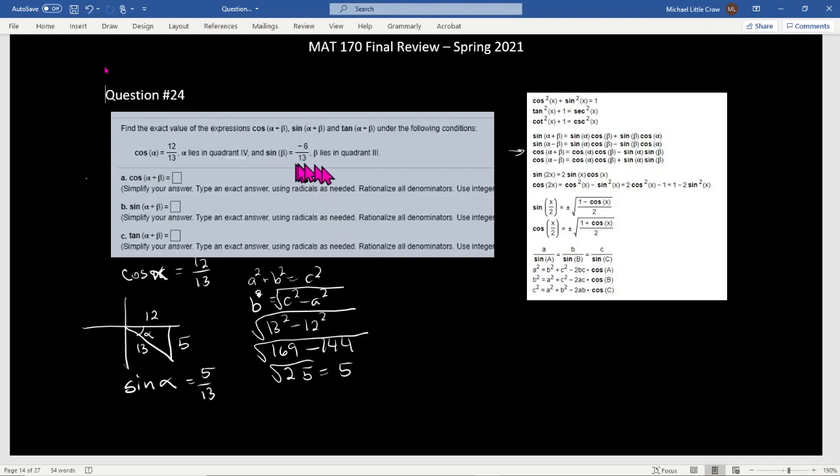Knowing the second part, that we've got the sine of beta, and it's in quadrant 3, so we'll draw it this way. It's over here, some right triangle, and sine is equal to negative 6 over 13. So that makes sense. It's coming down. Here's our negative 6. So we just think of the measurement as 6. The hypotenuse is 13. So what would be the x value right here?